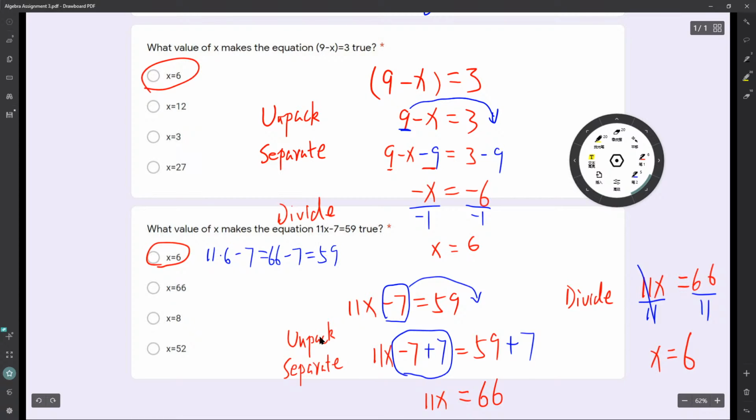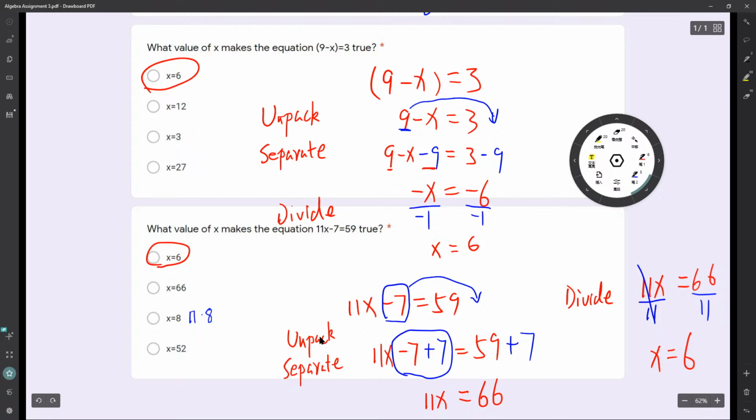And if you test it, you will see, okay, this is true. But if you test the other results, they are not true. For example, let me pick this one. If I test this one, x is 8.